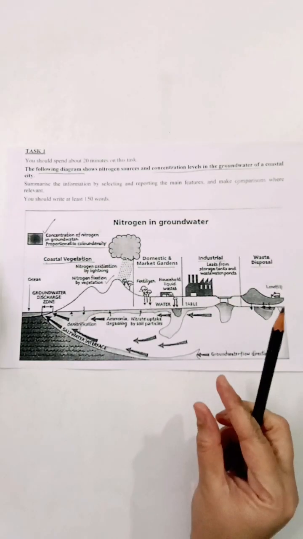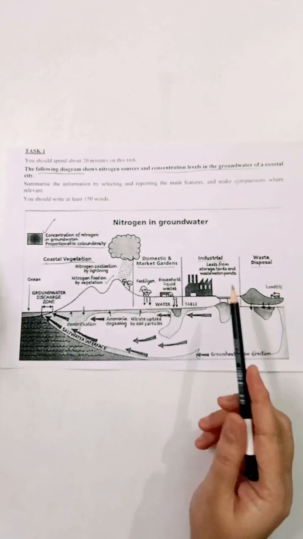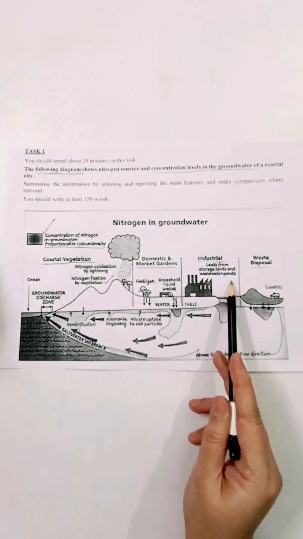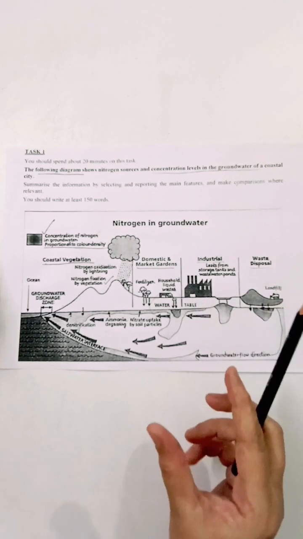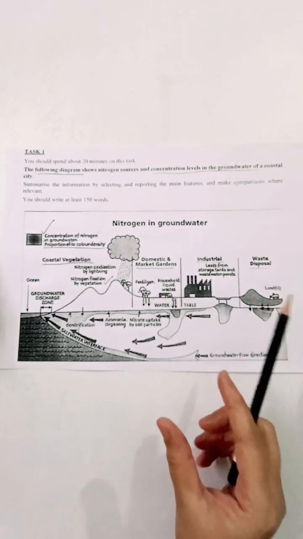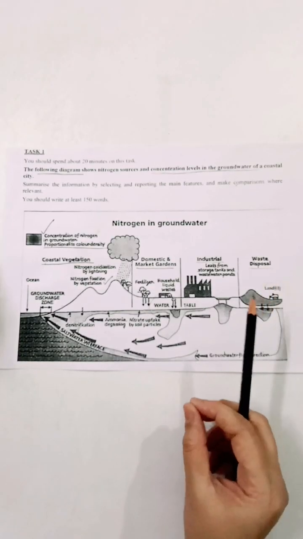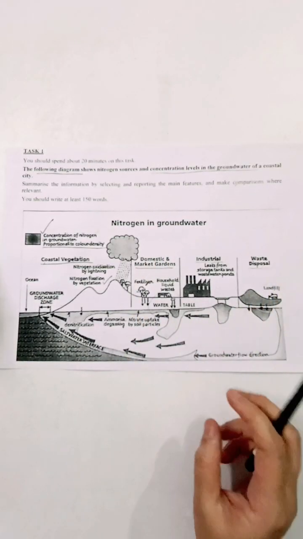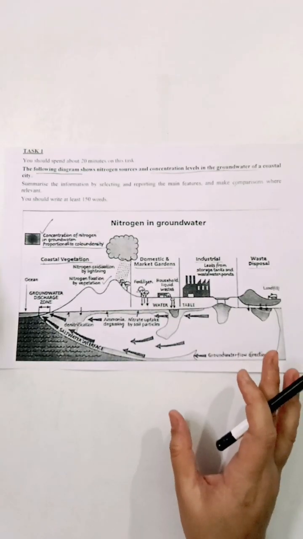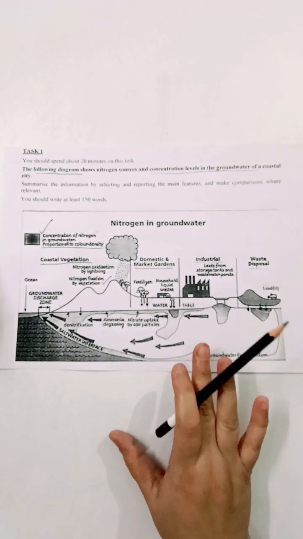I'm combining, right? From their what? Storage tanks, right? So you are going to begin the details step by step. So these are the best lines for writing overview in this task, right?